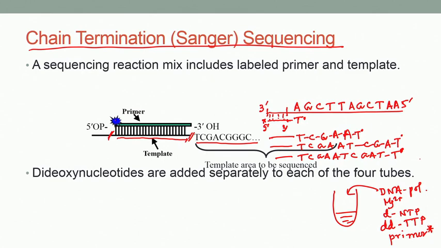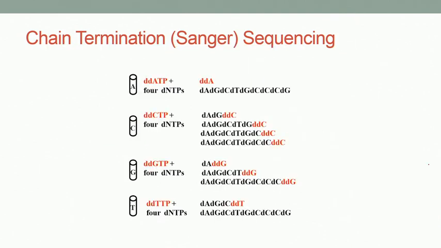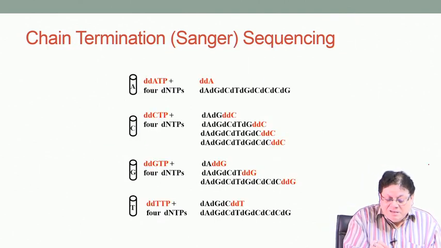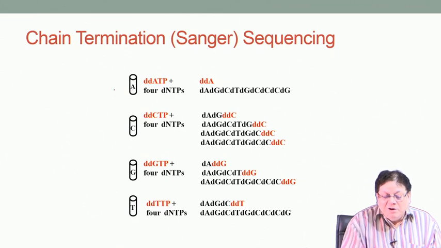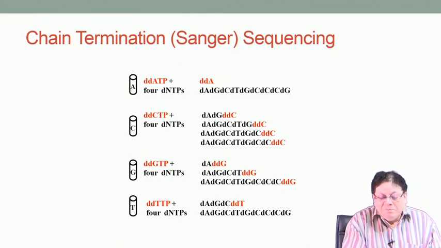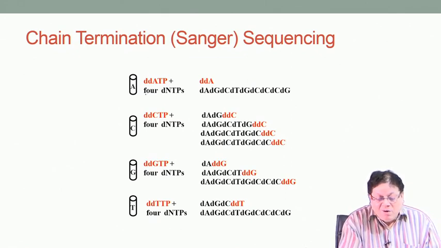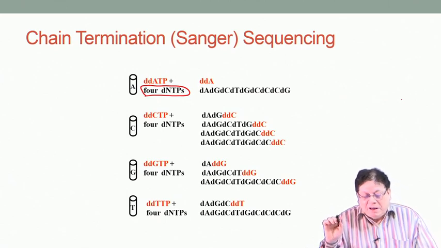So, if you add DDATP in one of the test tubes, one of the Eppendorfs, then you will get pieces which are all truncated at that base. If that is clear, now the other part will be very clear. This is what is shown here. These are the Eppendorfs. In one Eppendorf, as I said, you add all the 4 dNTPs plus the polymerase, magnesium, everything, primer.